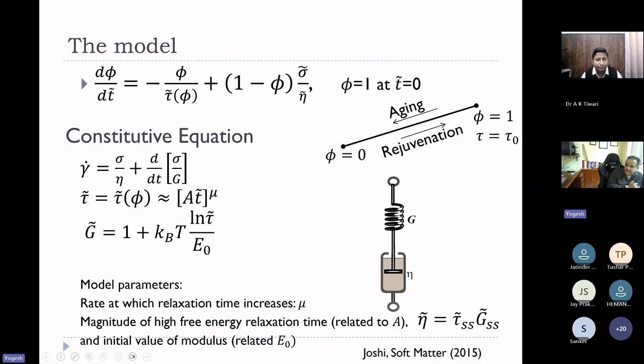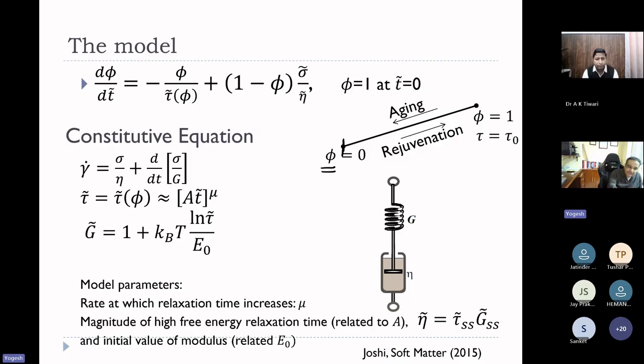Based on that, what we did is that we proposed a model. Don't go by the complications of this particular model. It's actually quite straightforward. Let's consider phi to be something like a normalized free energy, normalized with respect to the equilibrium free energy.